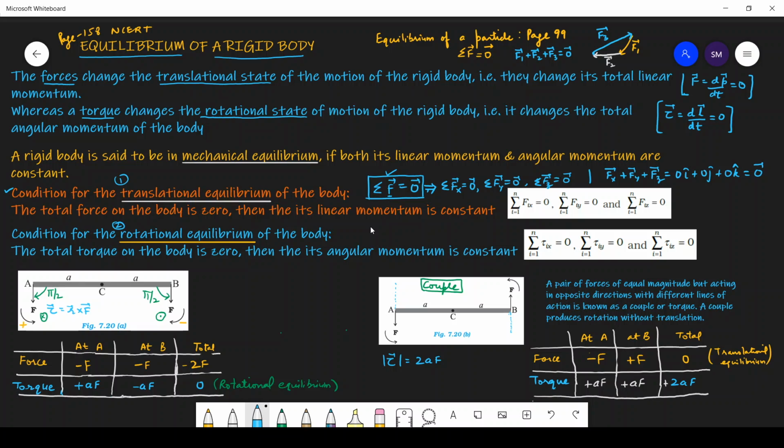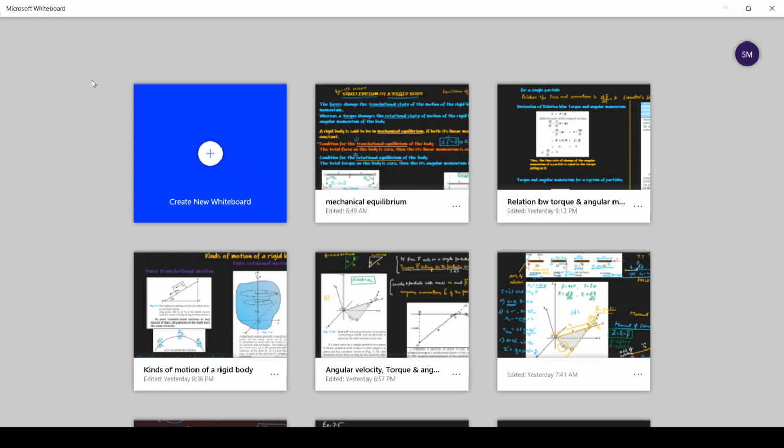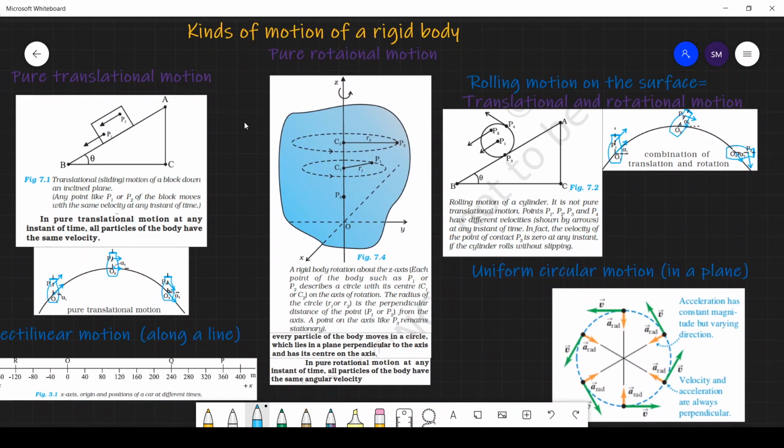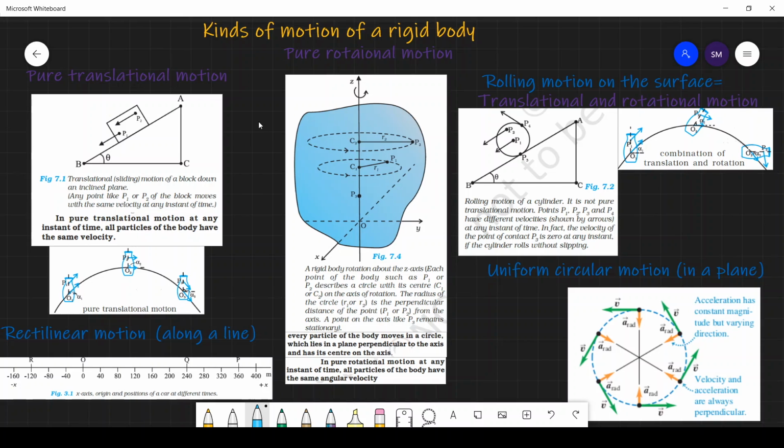So let me discuss, if you want to know the translational state. See, there are a lot of kinds of motion. You are also studying periodic motion, but in mechanics we normally deal with this kind of motion.